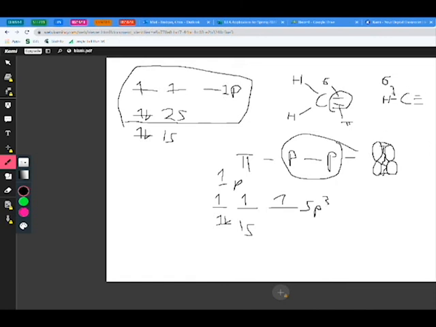Now we have 1 sigma bond here, 1 sigma bond here, and then we have 2 pi bonds. So now we have 2 of these p orbital overlaps to form 2 pi bonds. So that means we have to have 2 p orbitals remaining with electrons in them to have this overlap when we have a triple bond.